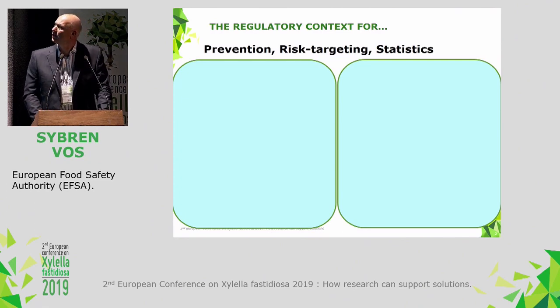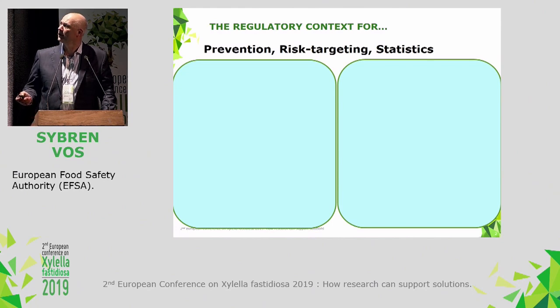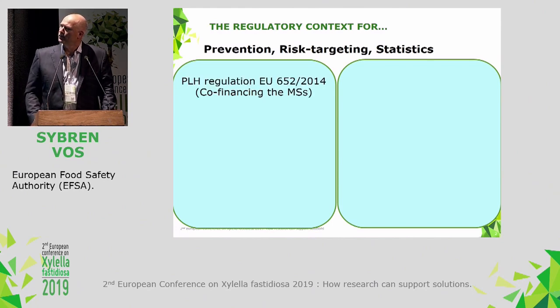We are doing this work for better preventing pest introductions, for better risk targeting, and for working with more statistics to have a better representation of the different surveillance phenomena. The first point in the legislative framework is the PLH regulation 652/2014 about the co-financing of the member states for capacity building of surveillance.